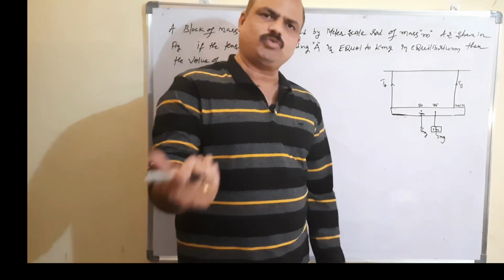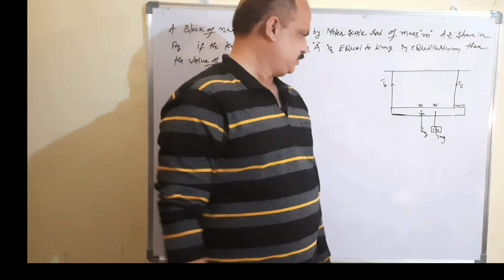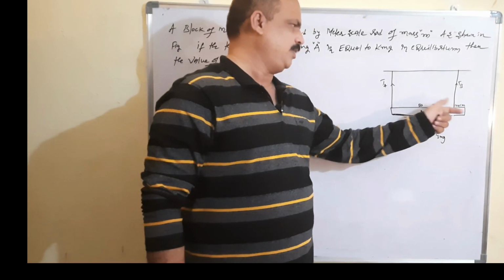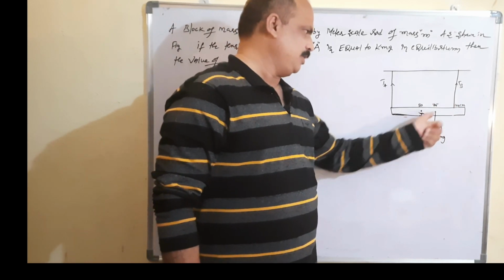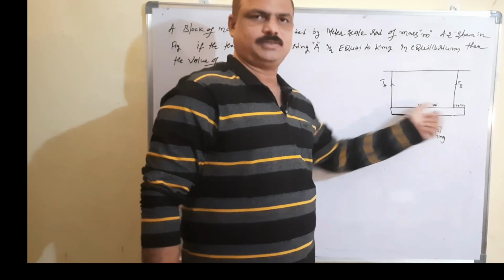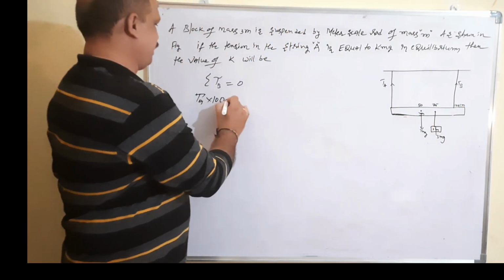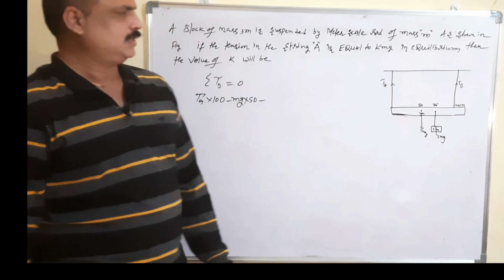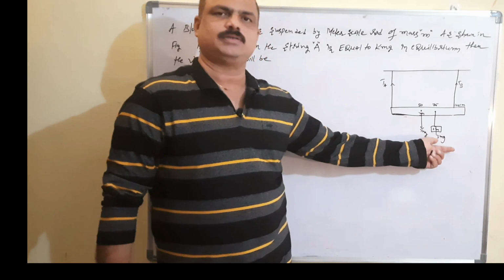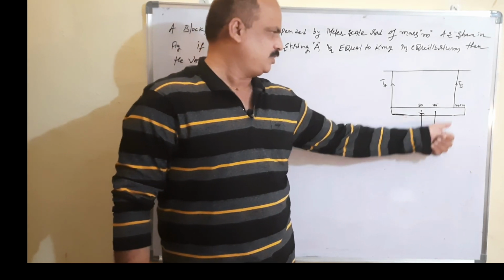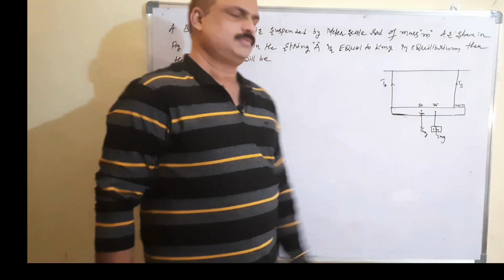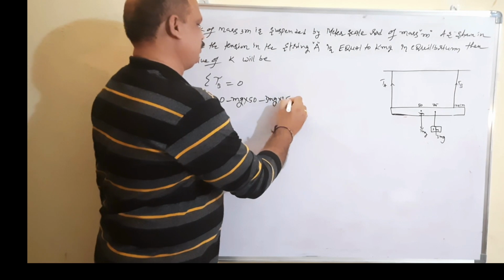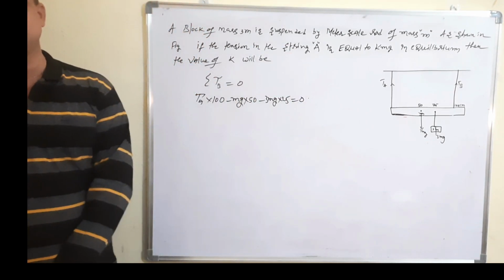Then the outward, anti-clockwise torque is taken as negative: mg into 50, since the distance of mg from the fixed point B is 50 centimeters, this being a meter scale. So minus mg into 50, minus 3mg into 25, since the distance of the 3mg weight from the fixed point B is 25, is equal to 0. The net torque about fixed point B is 0.